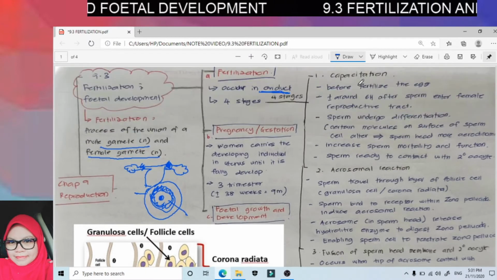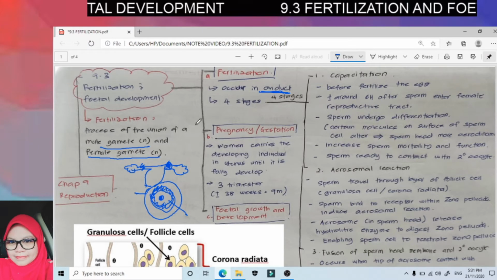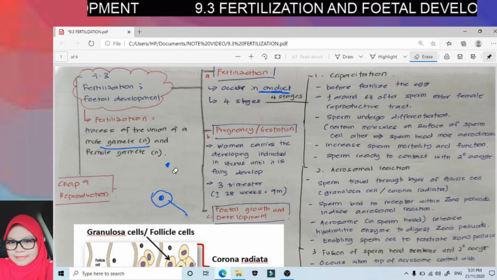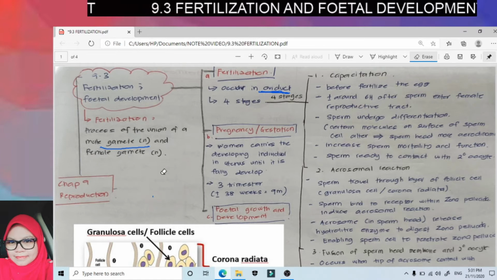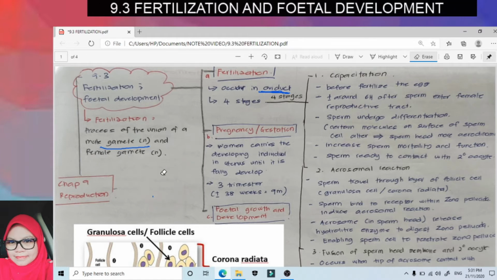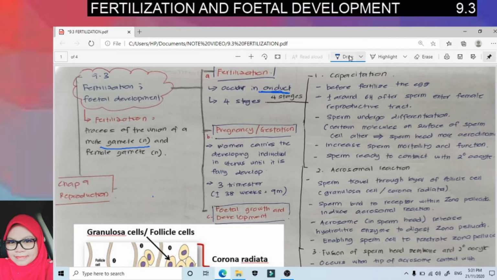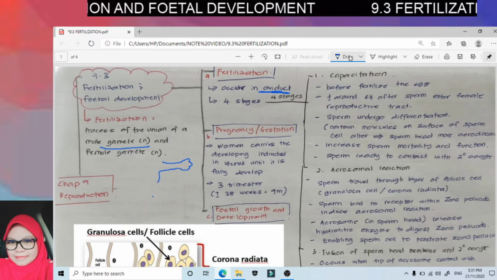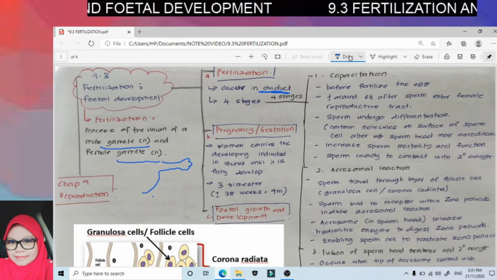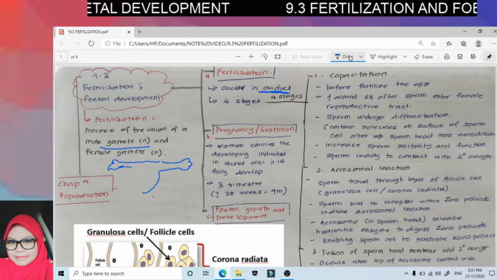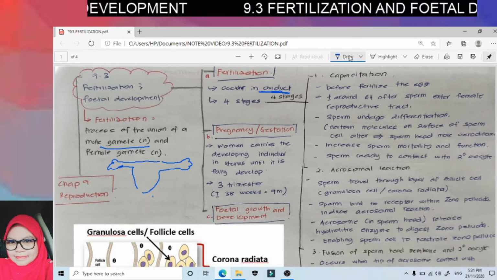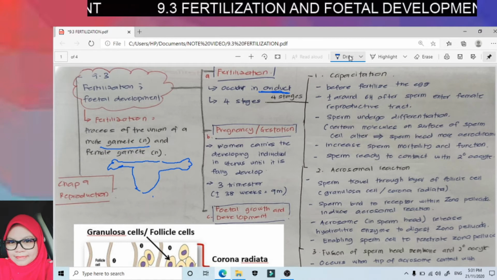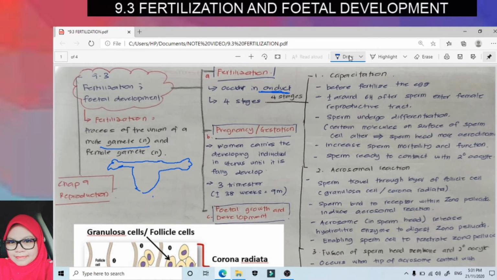So, capacitation. Capacitation is a process. Since we know that during the ovarian cycle, when the Graafian follicle bursts, it will release the secondary oocyte.